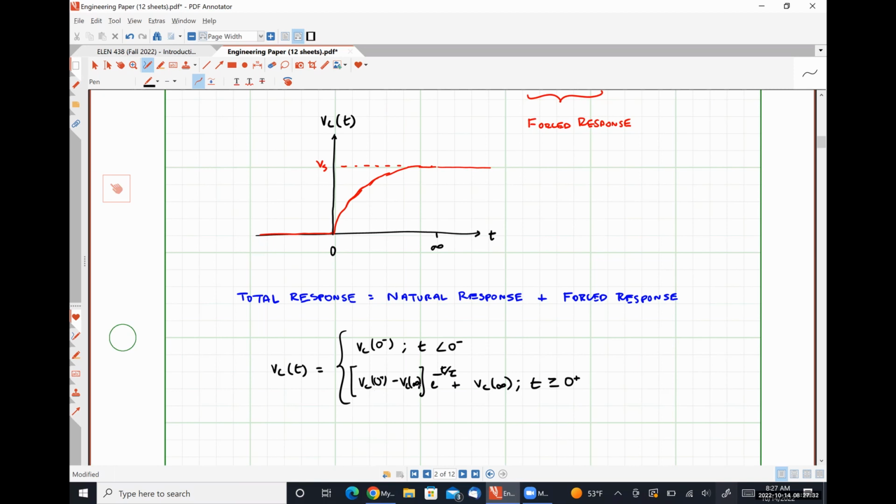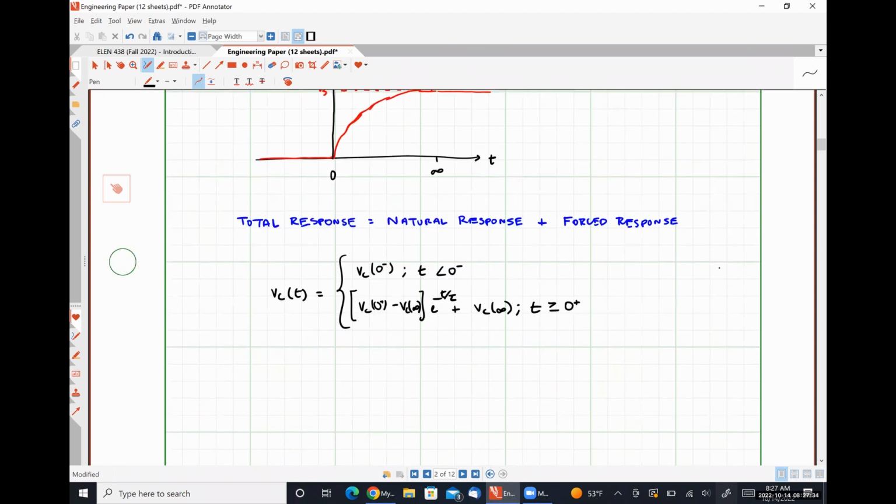Okay. From this, generically, we can say that y of t is then y at 0 minus for t less than 0 minus.